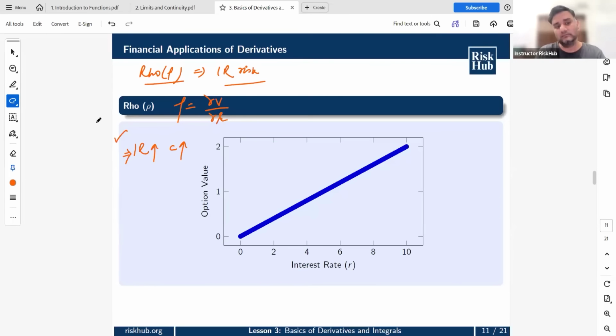Basically, the idea here, and I'm telling you the definition given in your famous book, John C. Hull's Options and Derivatives, is that people think that when interest rates rise, equity will fall and the call option value will go down. But it doesn't happen like this.